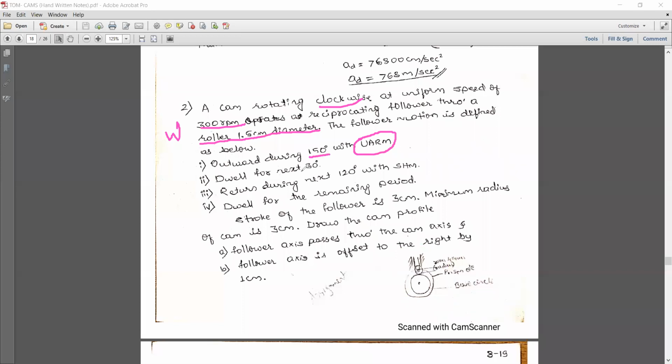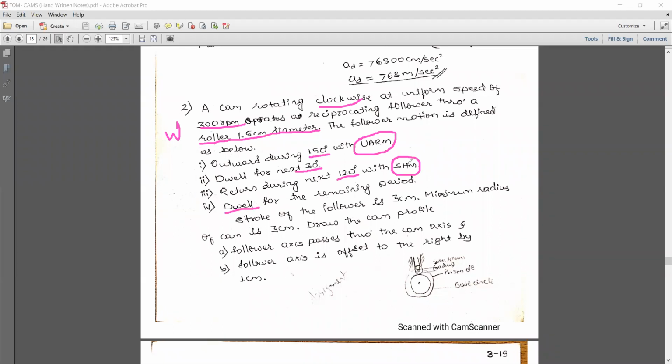Dwell for the next 30°, means it will stay at rest at the same position for the next 30 degrees. Return during the next 120°. It will return in simple harmonic motion. Okay, and dwell for the remaining period.